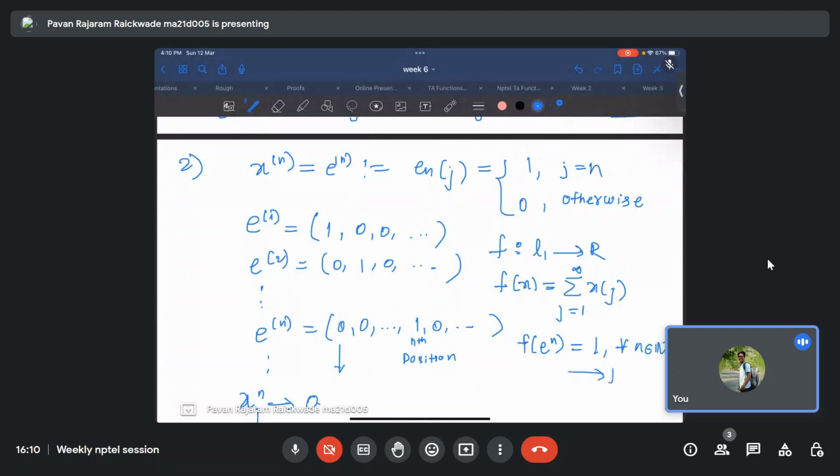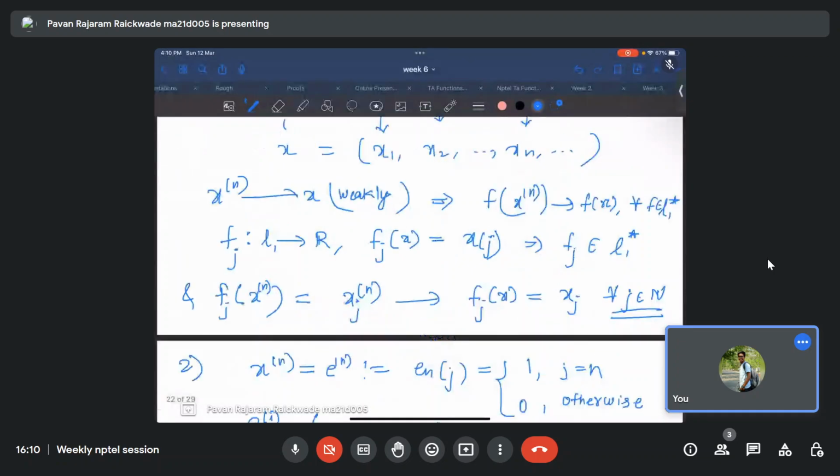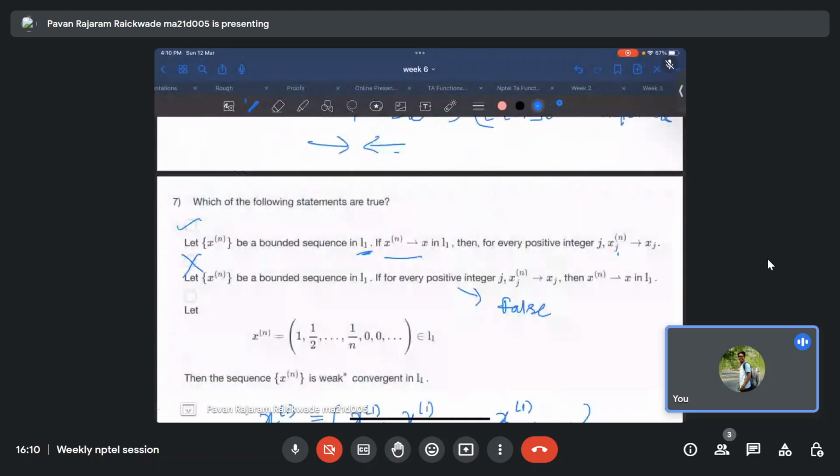But what is f at 0? For the zero sequence it is 0. So f at En does not converge to f at 0. So it disproves the second option: Xnj converges to Xj, but Xn doesn't converge to X weakly.